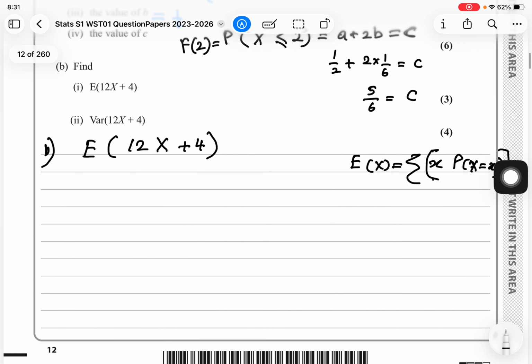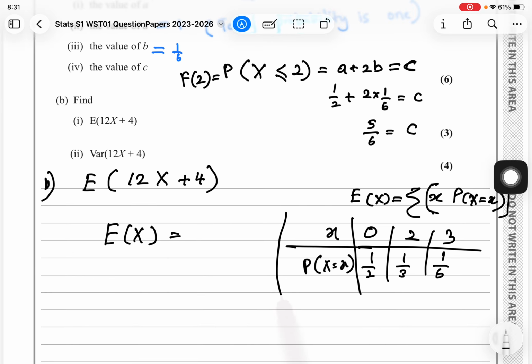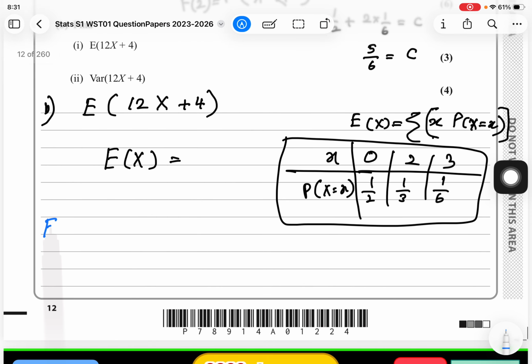So the expectation would be 0 times 1 over 2, added to 2 times 1 over 3, and added to 3 times 1 over 6.